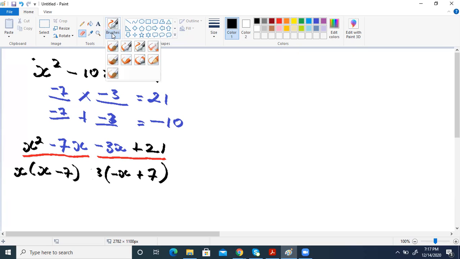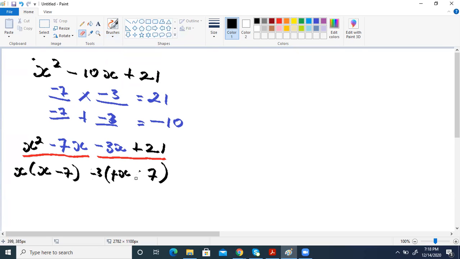So factor out the negative sign. You have negative 3x, and then negative 3 into negative 3x gives you x, and minus 7 here. Excellent.